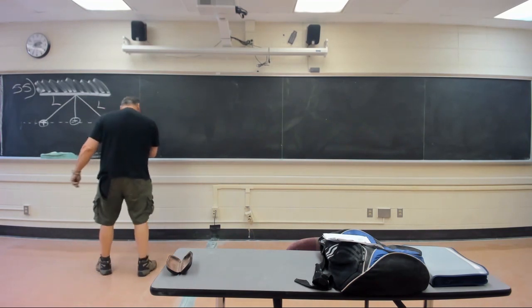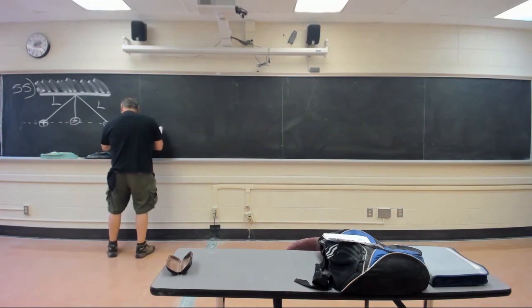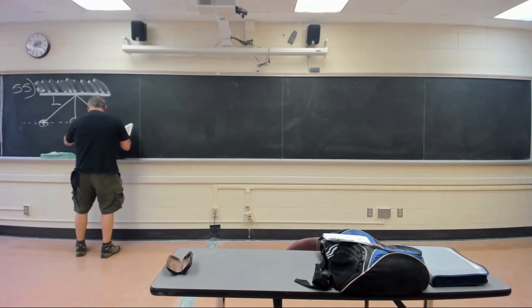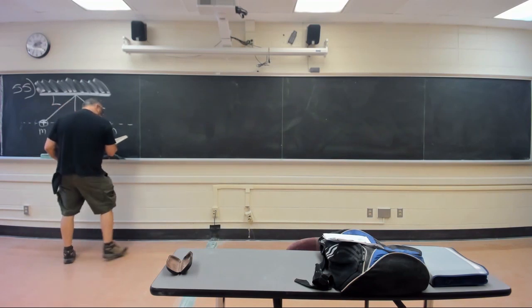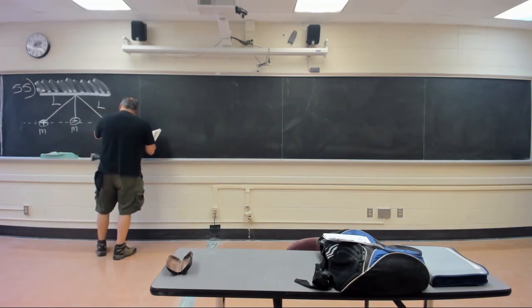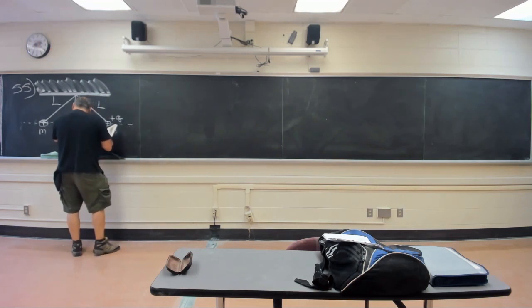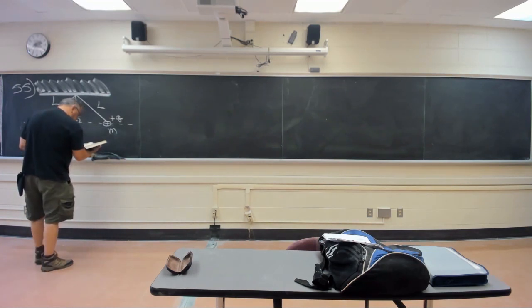Again, it's not a good drawing, but suppose it could be a little bit worse. This has mass M, and this has mass M, and this has mass M, and they all have positive Q for charge. There's symmetry all over the place here, I guess you could say.